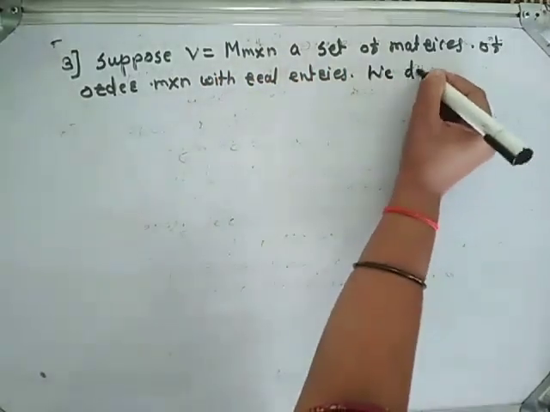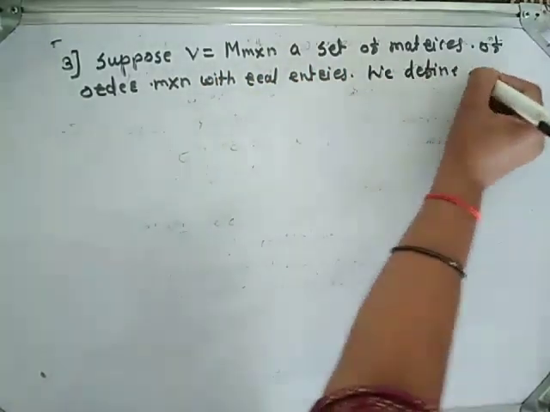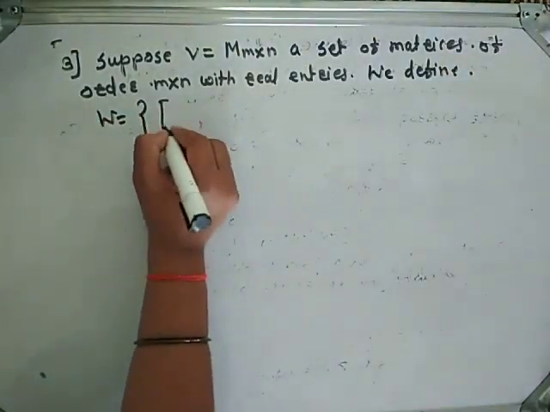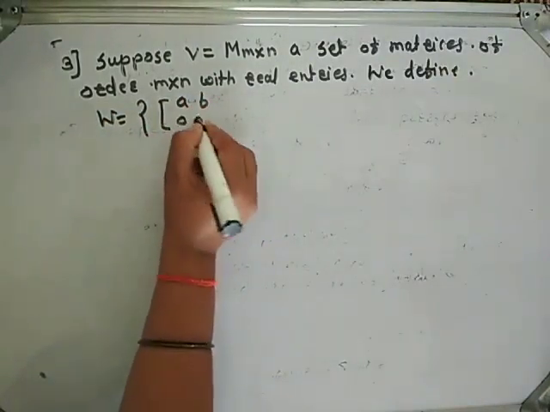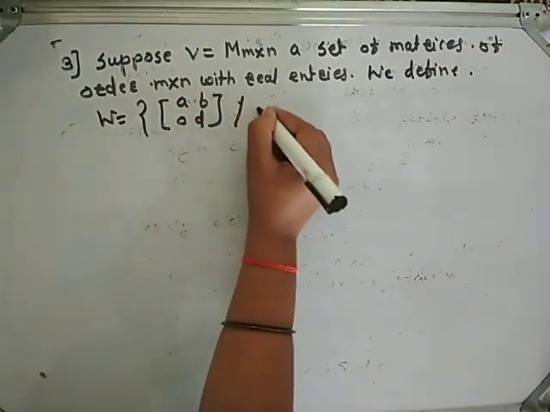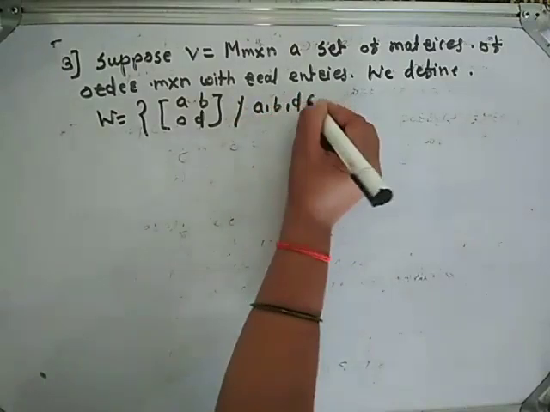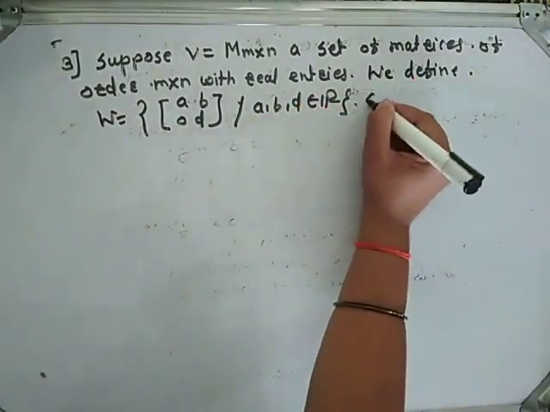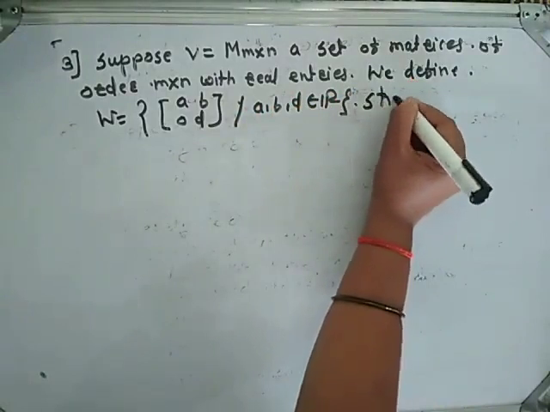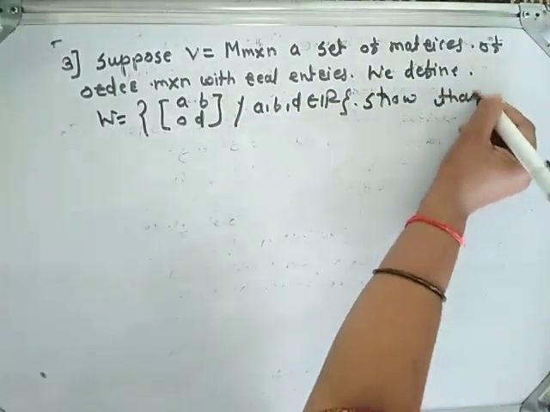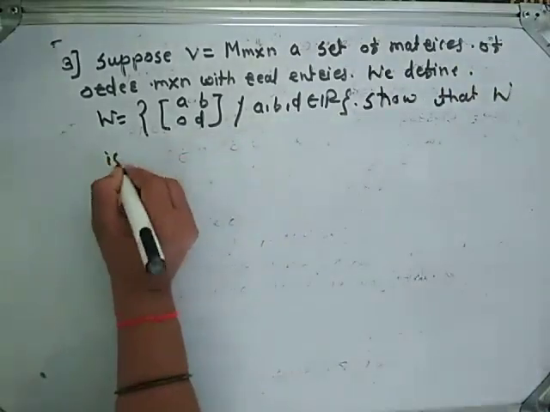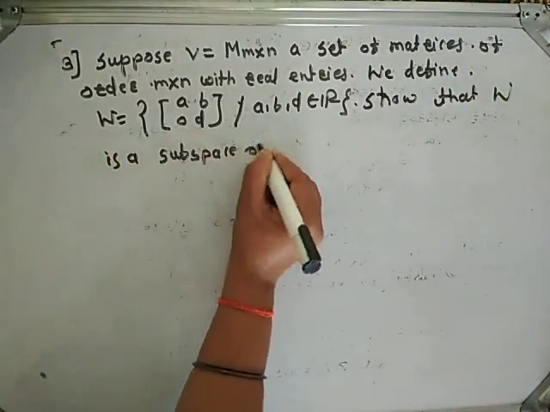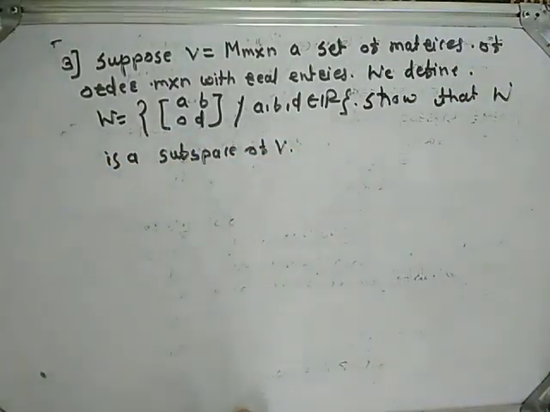We define W equal to the set of matrices [a, b; 0, d] such that a, b, d belong to R. Show that W is a subspace of V.